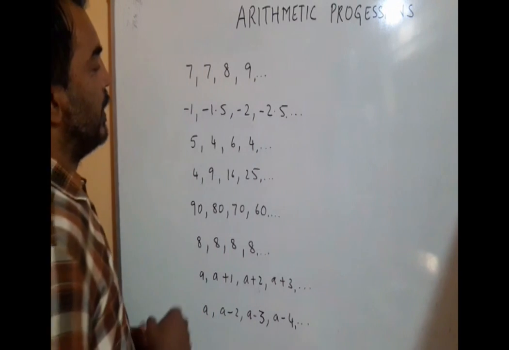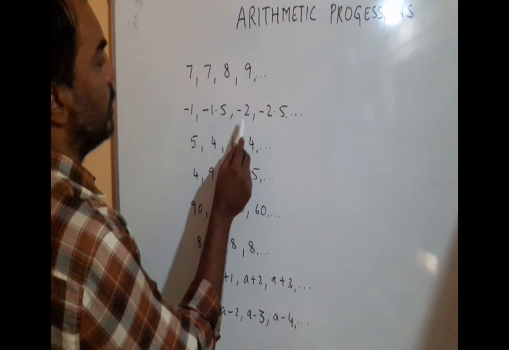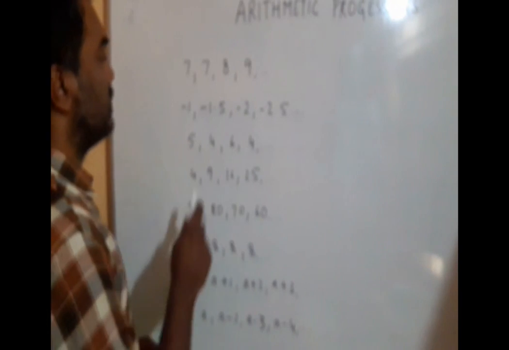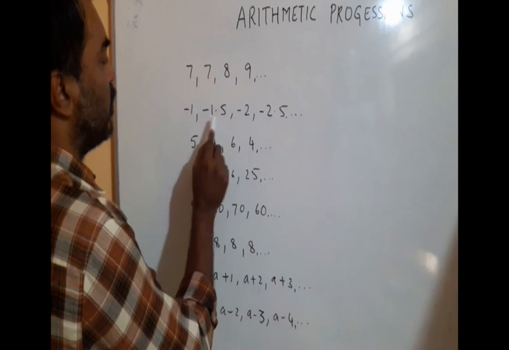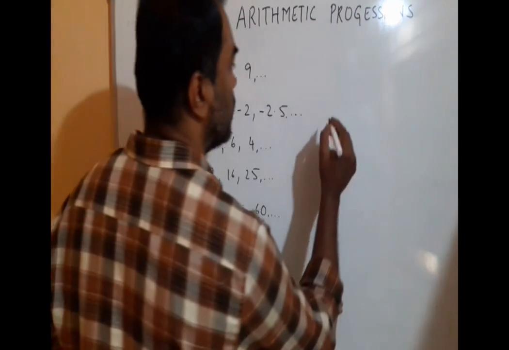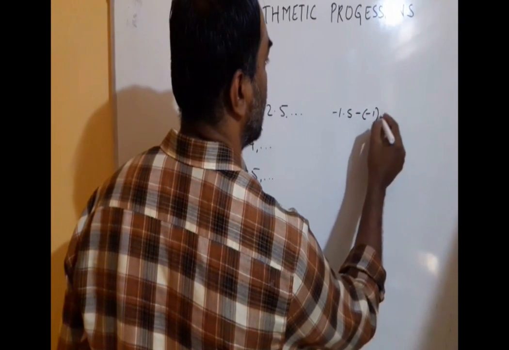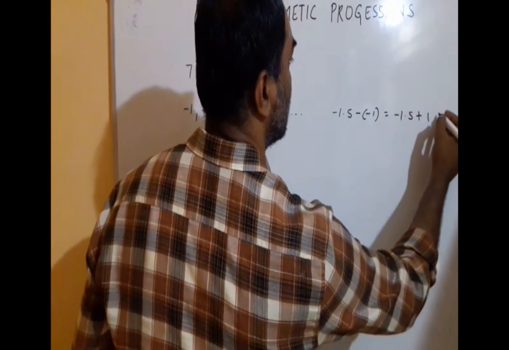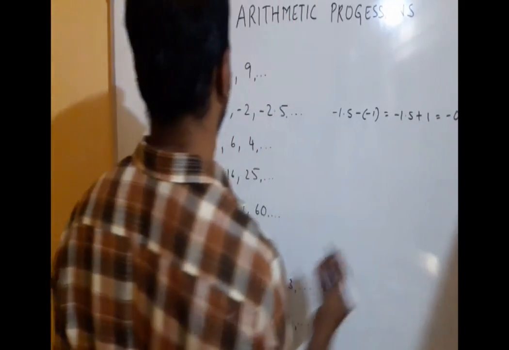The next sequence we have is minus 1, minus 1.5, minus 2, minus 2.5. Let us check the difference. The common difference of the first two terms is minus 1.5 minus minus 1, which is minus 1.5 plus 1, equal to minus 0.5.